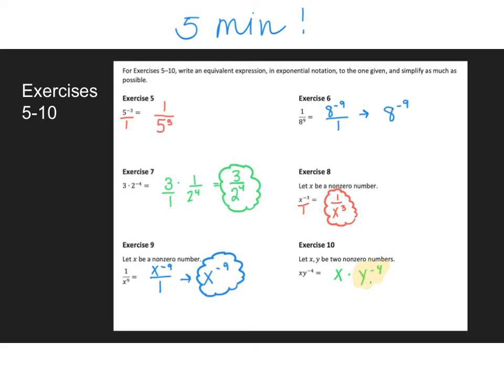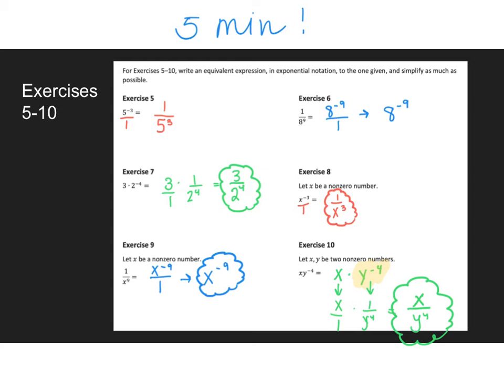So this is the same as 1 over y to the positive 4th. And this x didn't change at all. It just stayed as an x. There's an invisible 1 underneath it though. Then I can multiply these across. X times 1 is just x. 1 times y to the 4th is just y to the 4th. That's my final answer there.